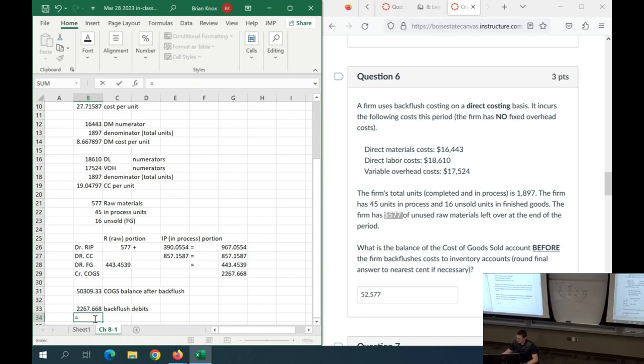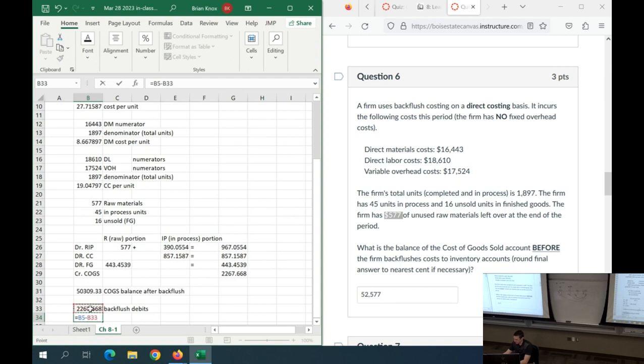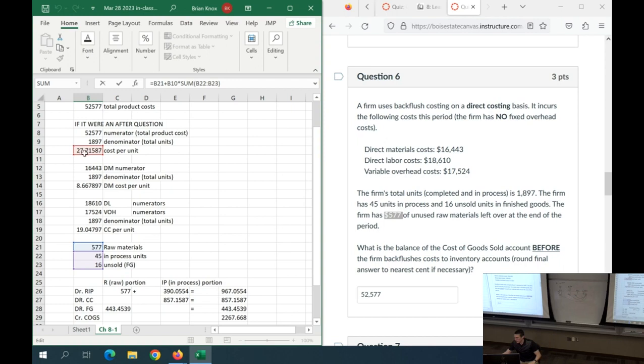So I could simply say this amount minus this amount, and I get the same thing right here. Just get total backflush debits, because I know I'm going to have to debit that 577 for raw materials. I know that I'm going to have to debit a full unit's worth of in-process units, even if they're being split up between RIP and cost of goods sold. Overall, I'm debiting a full unit's worth for those 45 units, and each unit costs me $27.71.